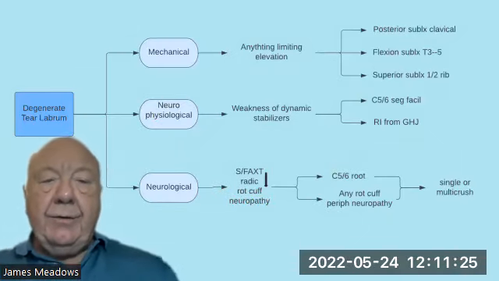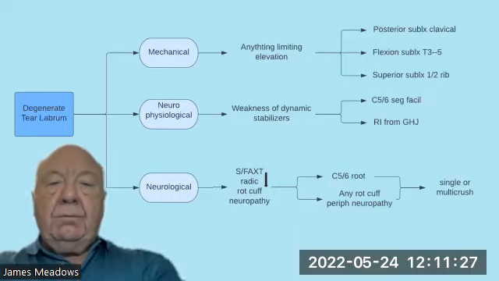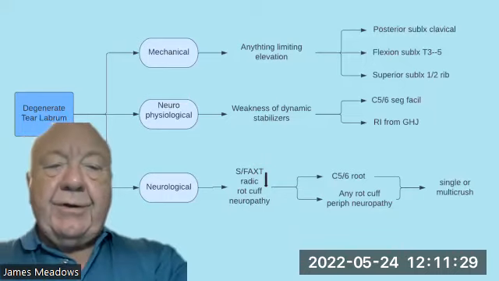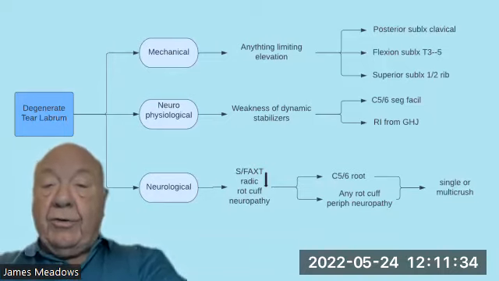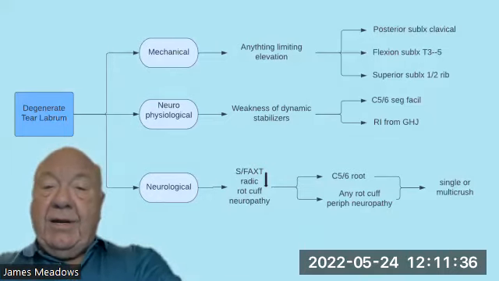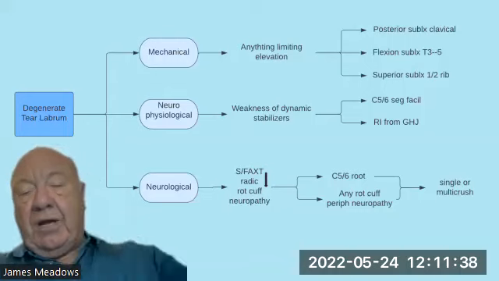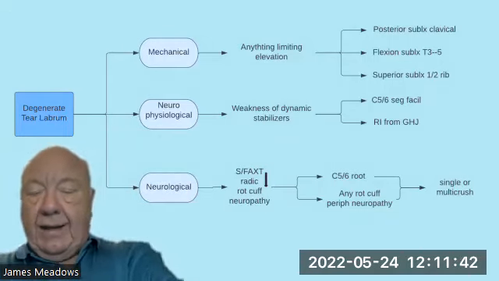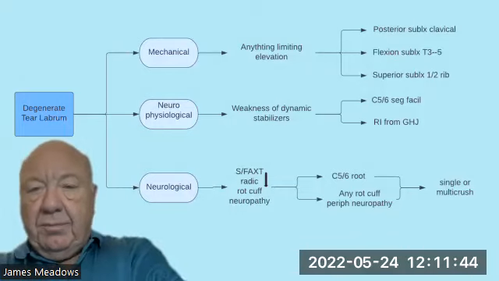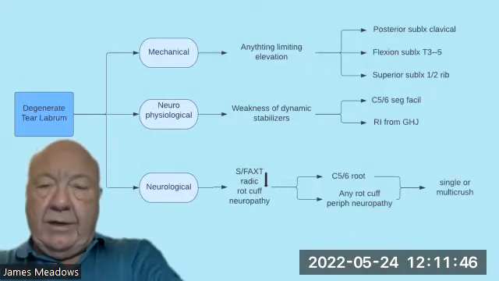Again, to go back to the labrum, degenerative tearing of the labrum can be caused by overloading, mechanical stresses, anything limiting elevation, which includes abduction. So anything that's going on above the head can certainly damage the labrum, particularly the supero-anterior area.